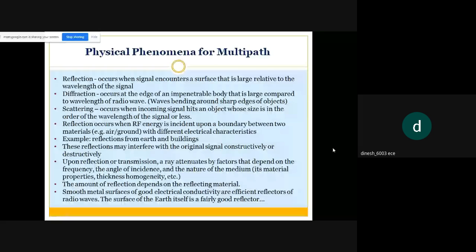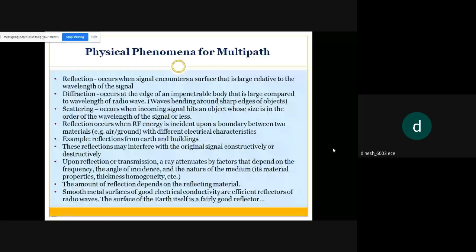The amount of reflection will always depend upon the reflecting material which is being used or which is present. So smooth surfaces of good electrical conductivity are efficient reflectors of radio waves. The Earth itself would be a fairly good reflector.